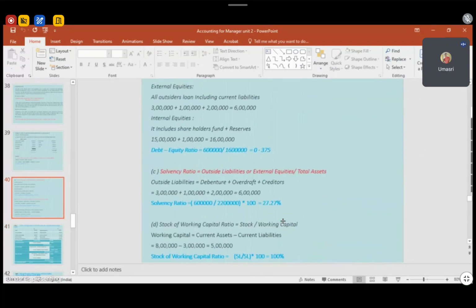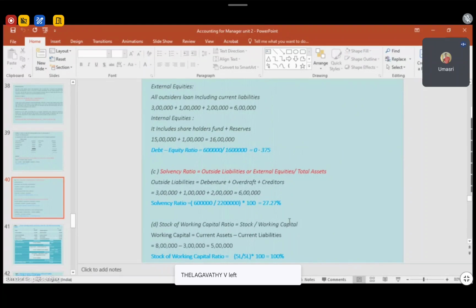Stock to working capital ratio is stock divided by working capital, that means current assets minus current liability is the working capital. For stock, you have to take average stock, opening stock and closing stock, if it is given. If only closing stock is available, you take only closing stock divided by working capital.